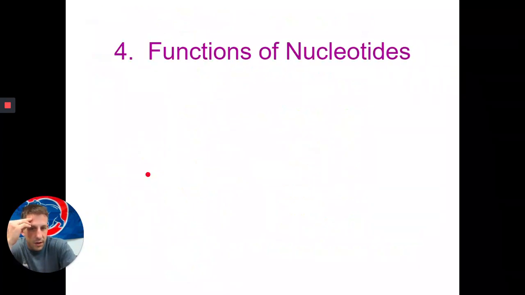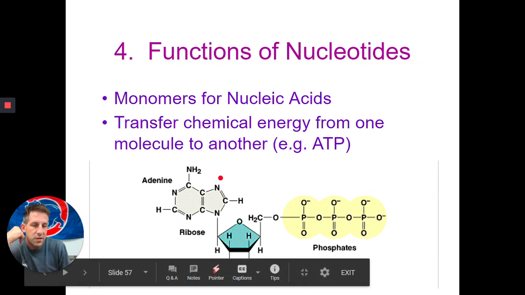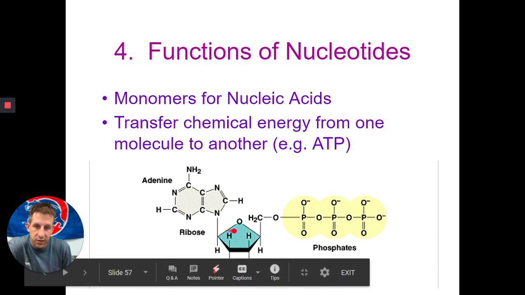Now, if we go to the other side, what do we know has a nucleotide structure? A sugar, a nitrogenous base, and a phosphate group, which is what we see right here. It's got those 3 things. So we have a nucleotide right here. Only thing that's changed is we've attached these other 2 phosphate groups on the end of it.